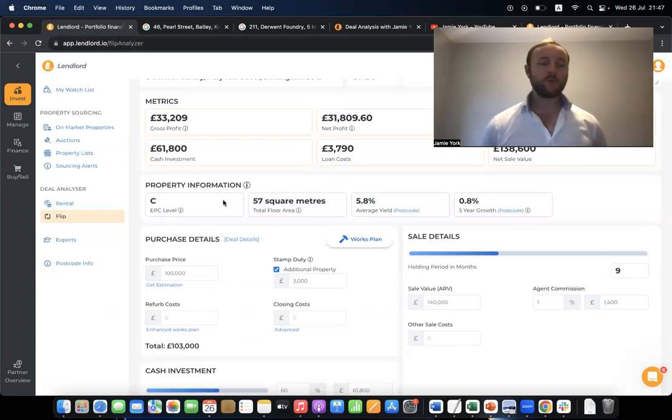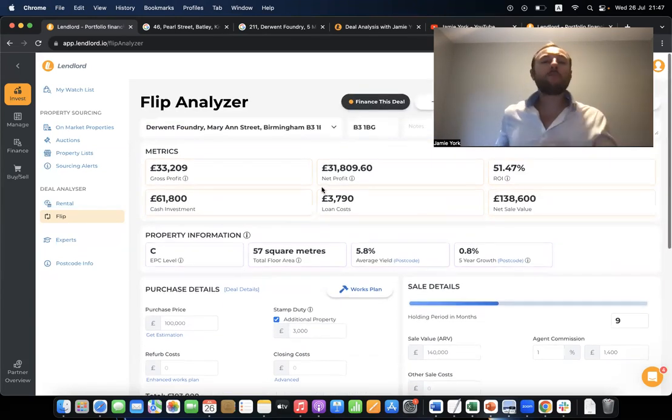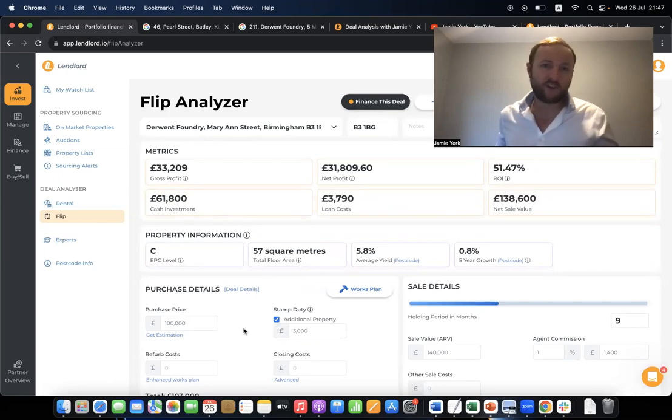But the reason I'm doing that is there's no point basing my numbers on today's prices when I think in the next 6 months, prices in some areas might be a bit softer. In the areas that I'm buying, the property prices don't really drop, but the speed of the market will slow down. And therefore, it's the same thing, because I'm going to have another couple of months of finance costs. Hopefully that makes sense for people.